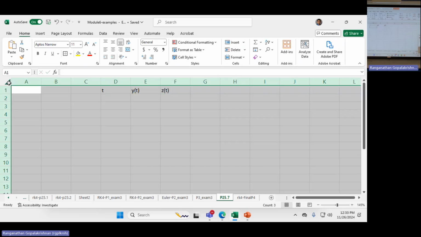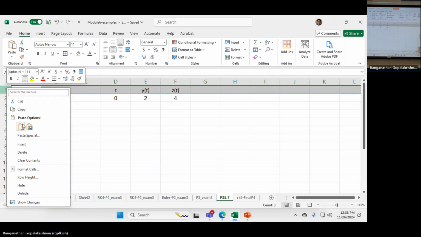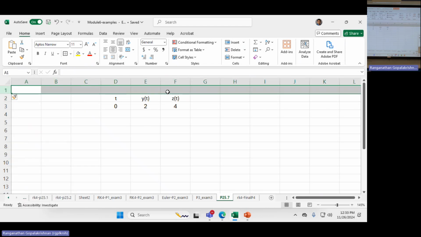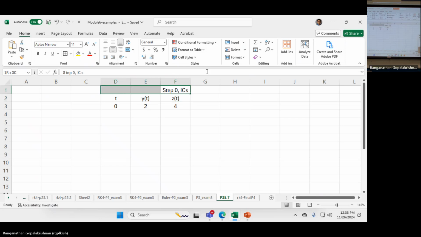This is always the starting point. What is time 0, y of t 2, z of t 4? These are the initial conditions. So I'll write step 0, just to keep it symmetric: initial condition. All right, we have less than 15 minutes, so let's try to speed up.